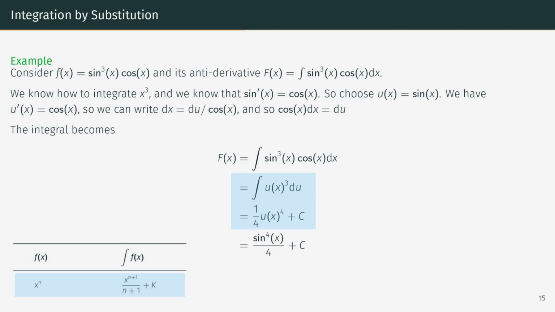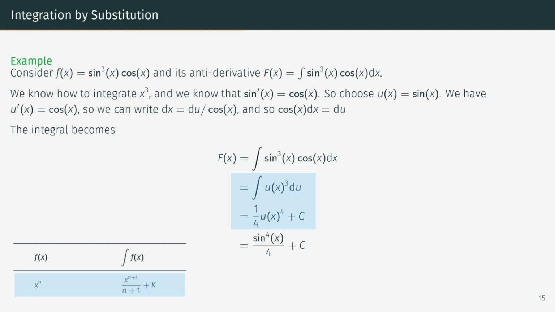So we can see that our integral becomes the integral of u(x) cubed du. Using the table of basic antiderivatives, we can see that for a function x to the power n, the resulting integral is x to the n plus 1 over n plus 1 plus a constant.